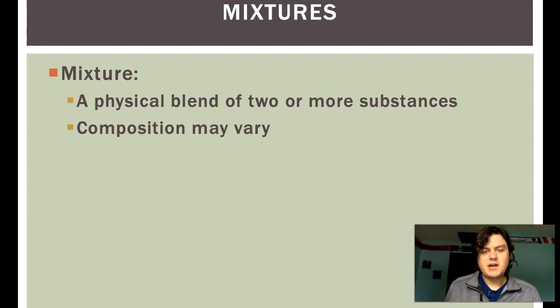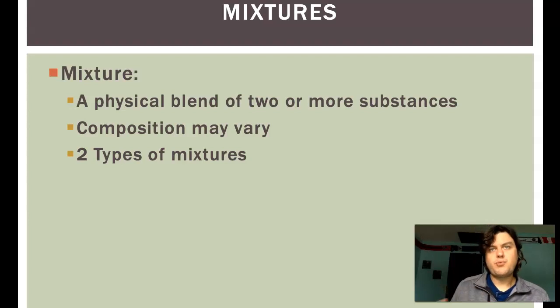In a mixture, composition can vary. Salt in water is a mixture. There can be a little bit of salt in water, and there can be a lot of salt in the water, so the composition is not predetermined.